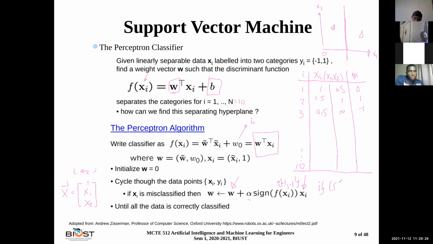When your f of xi multiplied by your yi is less than 0, then there's a misclassification. Then you update your W. W is equal to W plus this step size. You understand that?